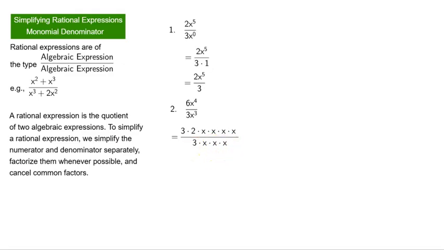Now here factors which are common to both can be cancelled. So 3 and 3 get cancelled. 3 x's in the numerator and 3 x's in the denominator cancel out. So what we are left with is 2x to the power of 1, which is equal to 2x. So 2x is the simplest form in which we can write this rational expression.